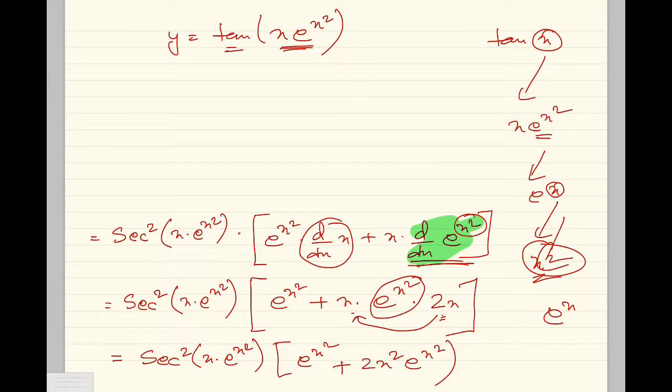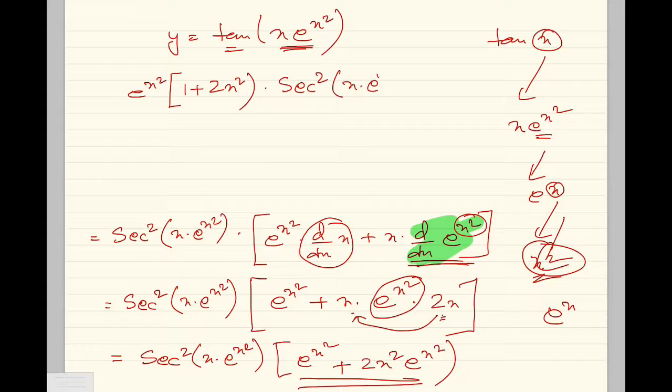Can I take out e to the power x square common from here? So e to the power x square is common. I get 1 plus 2x square. Is that correct? Then I'll get sec square x e to the power x square. So that would be a proper way of arranging this. So did you understand? That's the answer for this sum.